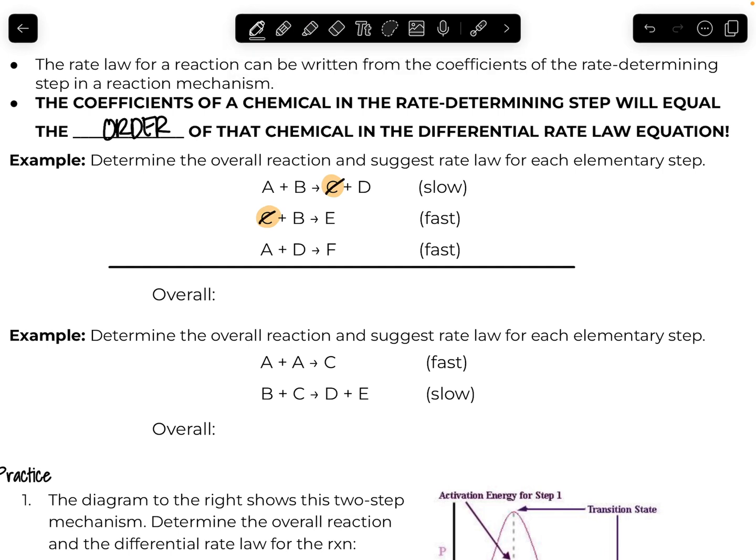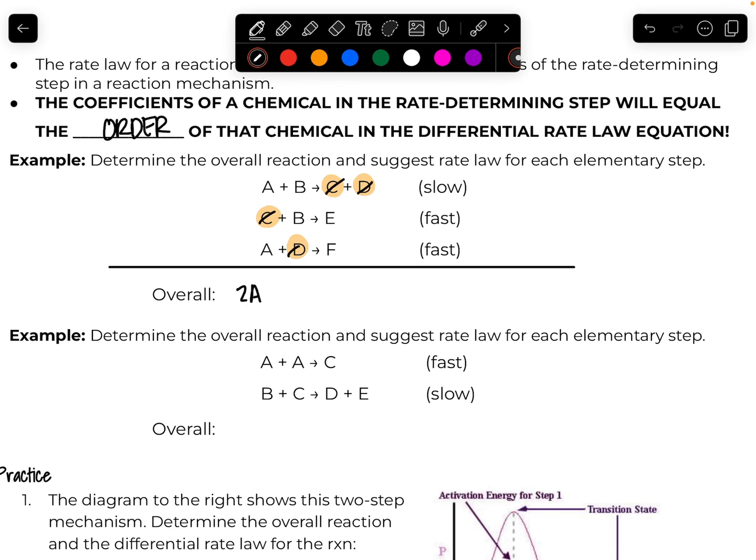That must mean intermediate. I see D produced in step 1, consumed in step 3, intermediate. And then nothing else can actually cancel out. I've got everything else, so I just add straight down. 2 A's are present, 2 B's are present. I have an E and I have an F as my products.